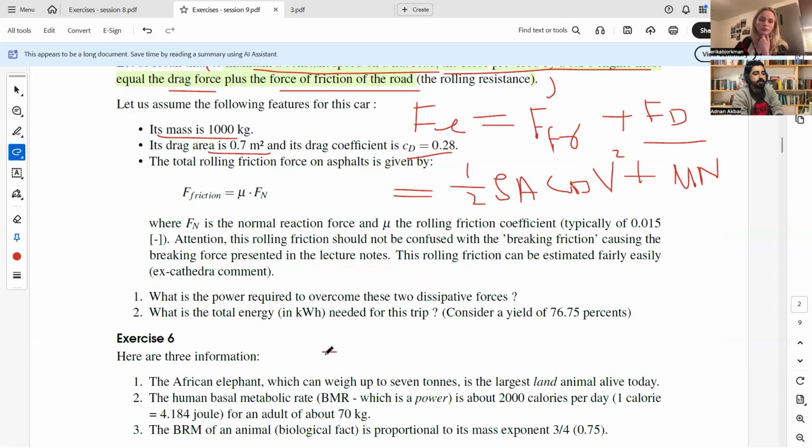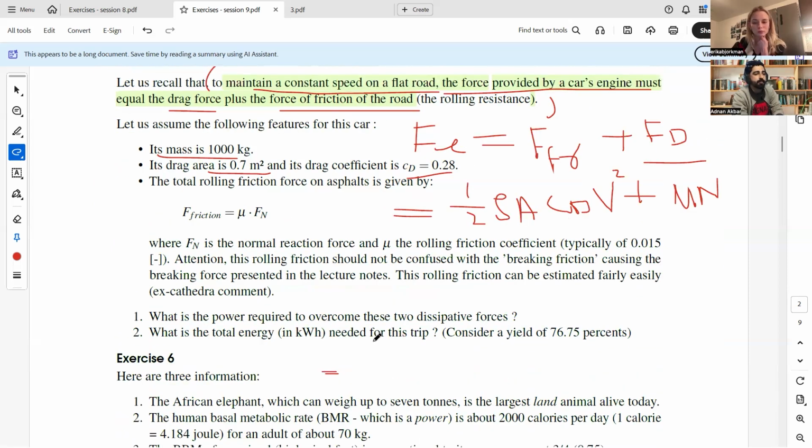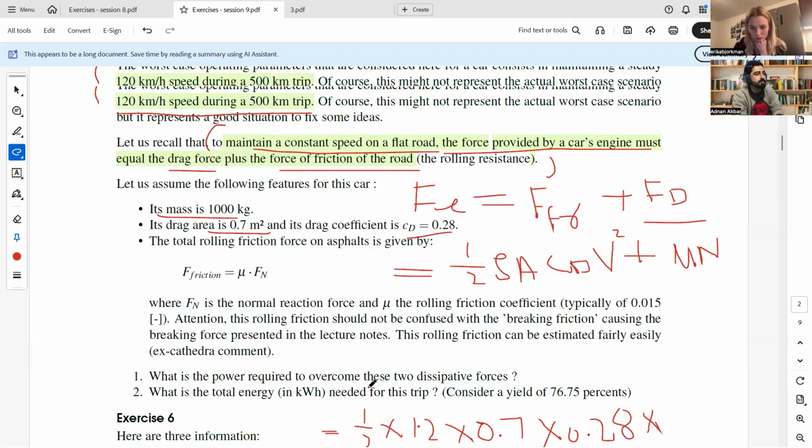We can make it a better equation by putting in the values: 1 by 2 multiplied by rho, the air density, multiplied by area, which is given as 0.7, multiplied by CD, the drag coefficient, 0.28, multiplied by V square.